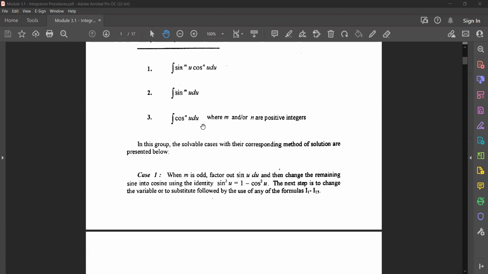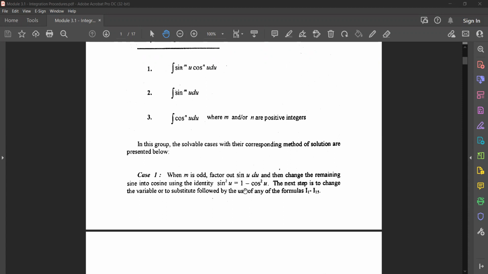Yan. So for the case 1, so notice that we have here the exponent or powers, no? For the first term, we have the sine raised to m u, and then second term natin would be cos raised to n u. Okay, so for the case 1, if our m here is odd, meaning that is 1, 3, 5, 7, and so on. So we need to factor out the first term natin, which is the sine u du. And then exchange natin siya sa remaining sine into cosine na ginagamitan natin ng trigonometric identities, which is sine squared u plus cosine squared u is equals to 1.